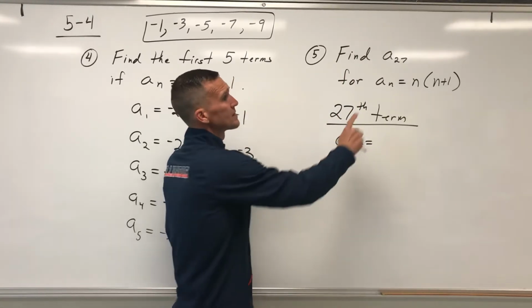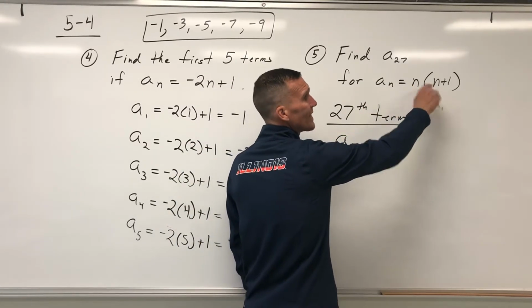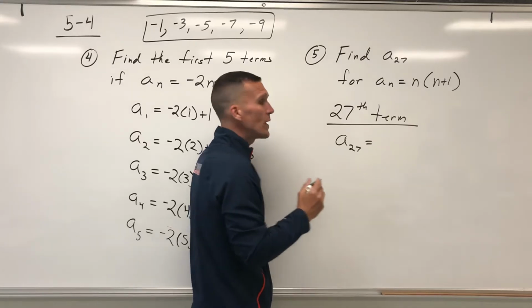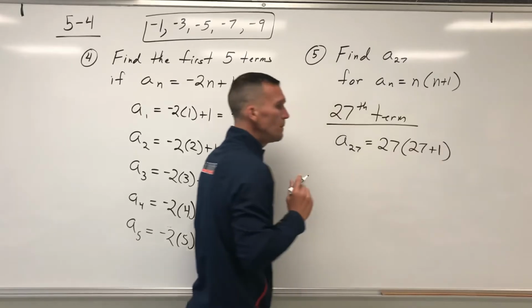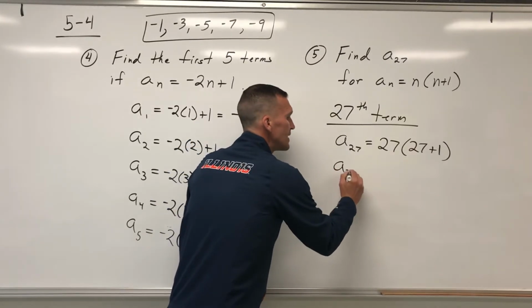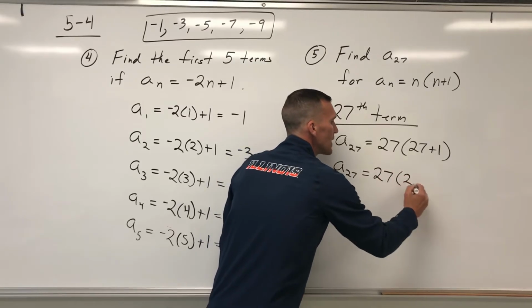And all that means is that n becomes 27. So that becomes 27, and that becomes 27. So my equation becomes 27 times 27 plus 1. That's a sub 27 is equal to 27 times 28.